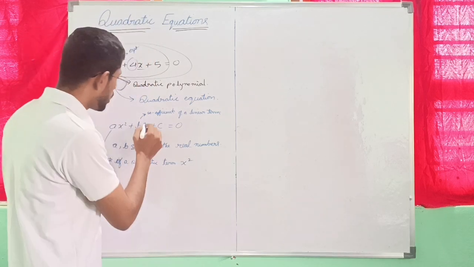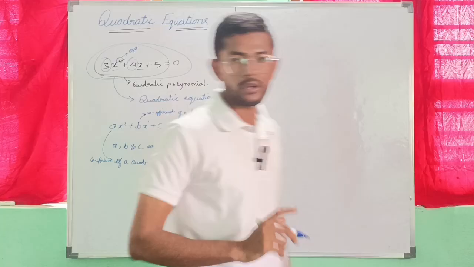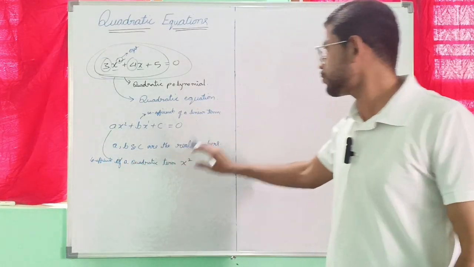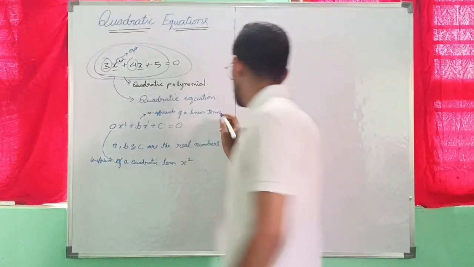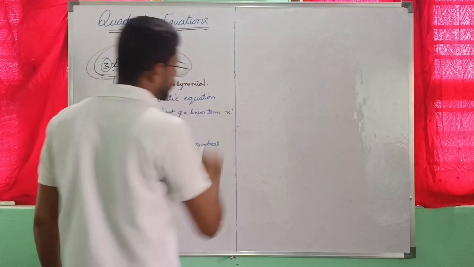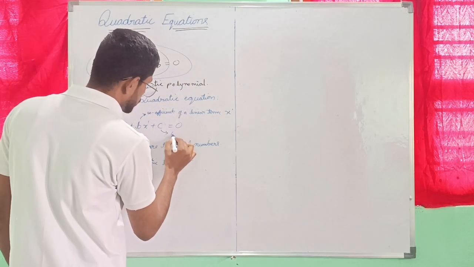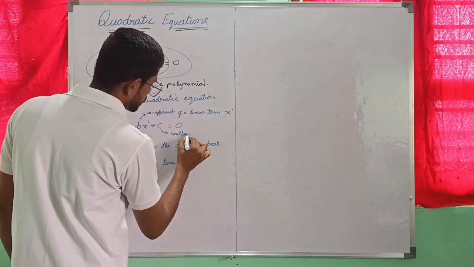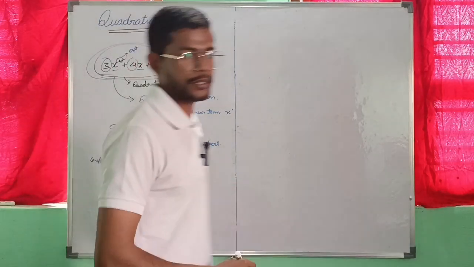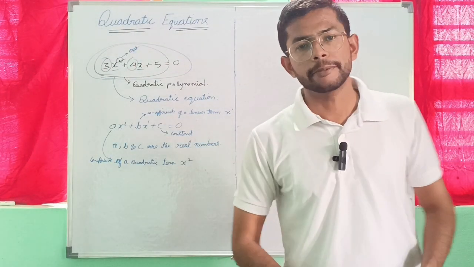So therefore this is linear. And here c is a constant. Do you understand?